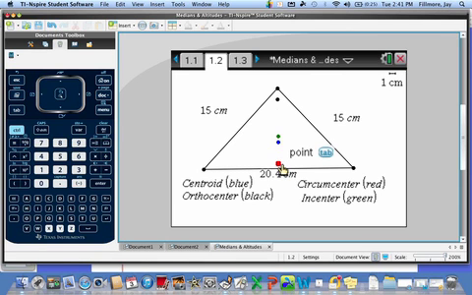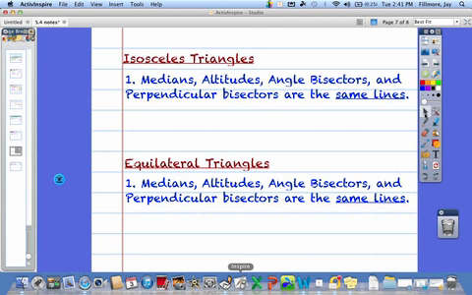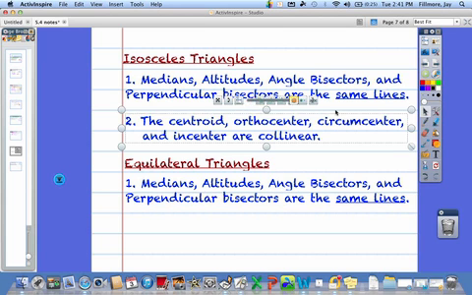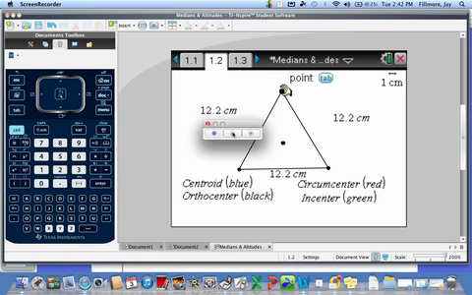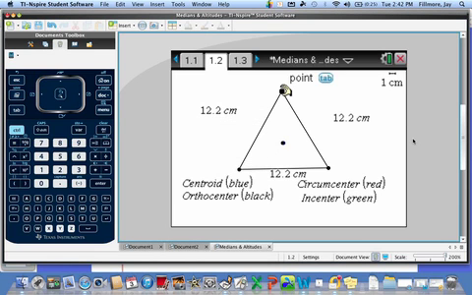So in an isosceles triangle, all your special points are collinear. Very interesting. Let's see what happens if it's an equilateral triangle. If I change this to equilateral, and I'm just going to pause this because sometimes it can take a moment, so bear with me here. If I make this an equilateral triangle, all of my special points have overlapped onto themselves.